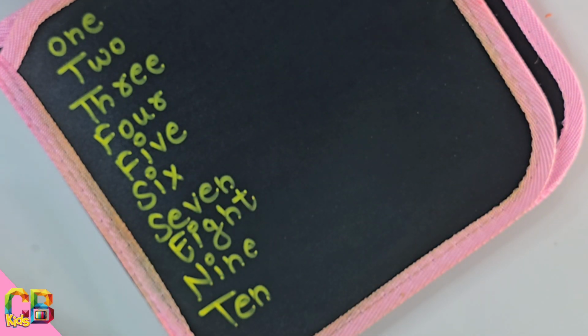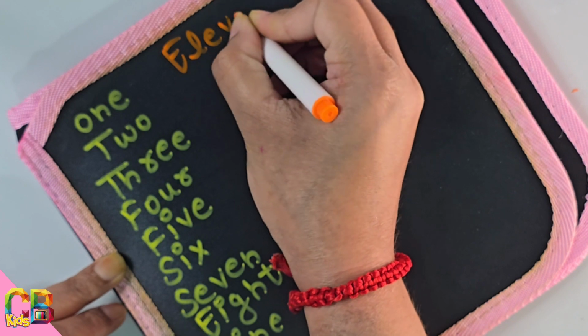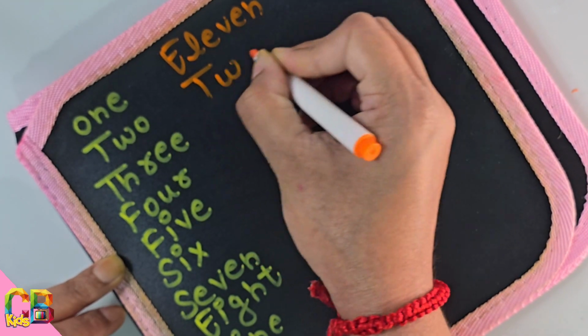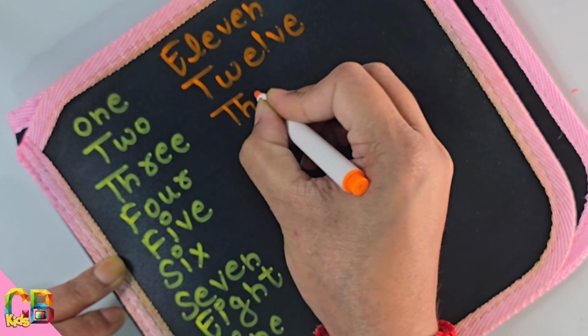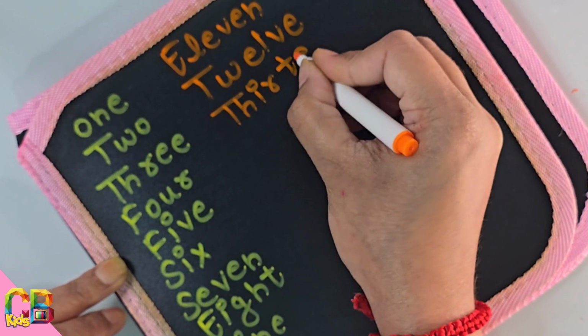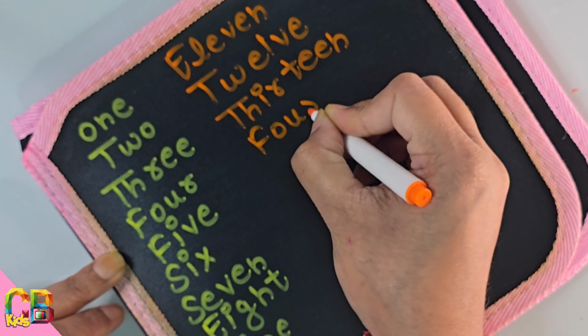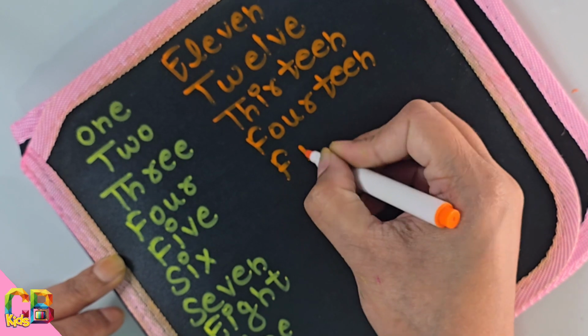Okay, now let's write 11. ELEVEN, 11. Okay, 12. TWELVE, 12. 13. THIRTEEN, 13. 14. FOURTEEN, 14. 15.